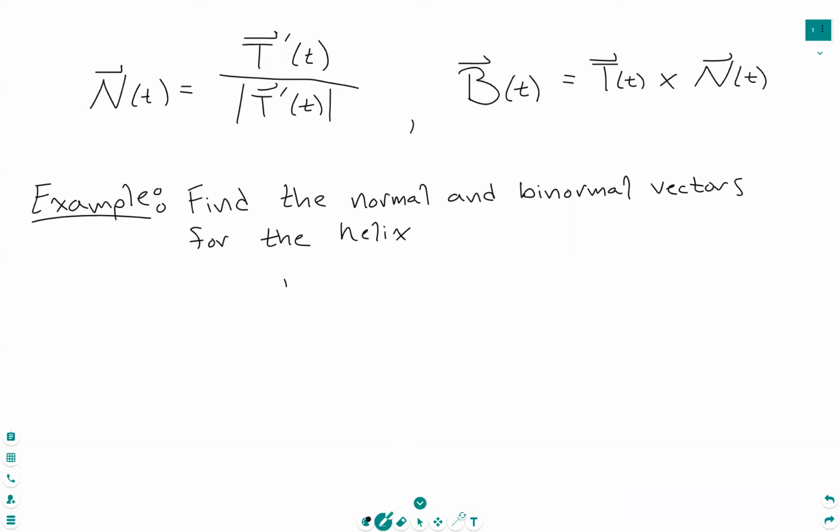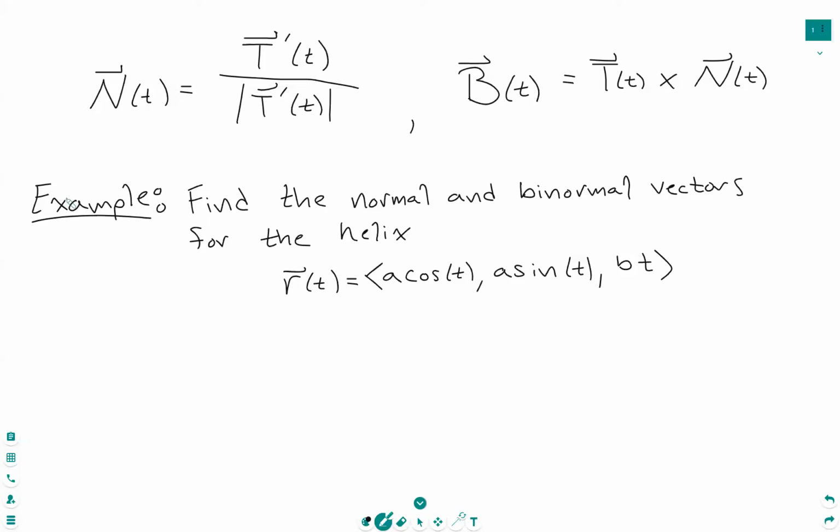We're going back to the helix here, doing some more calculations. Last time, I believe we looked at the curvature of the helix. So we're doing a cosine t, a sine t, and b t.